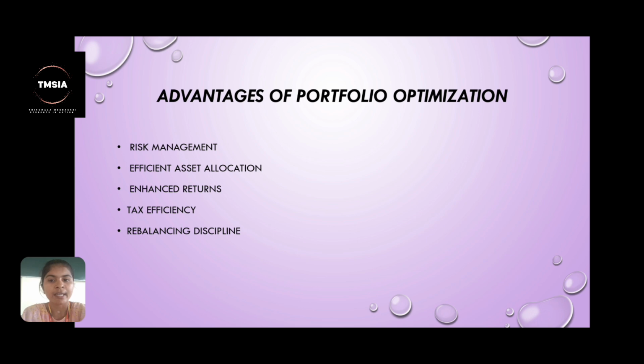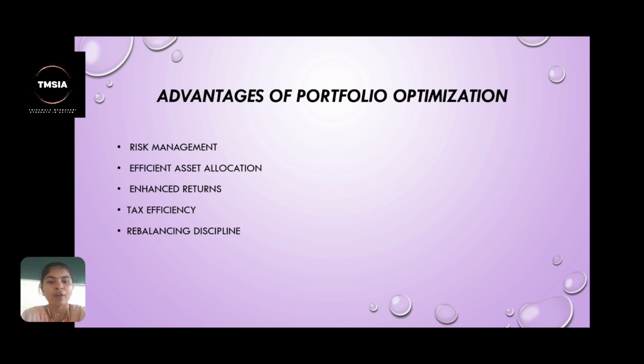Second advantage, efficient asset allocation. Portfolio optimization ensures investments are allocated to maximize the use of available resources. It helps investors avoid over or under investing in specific assets or sectors, thereby leading to a more efficient allocation of capital. Third advantage, enhanced returns.